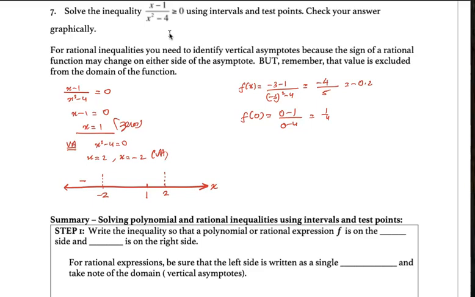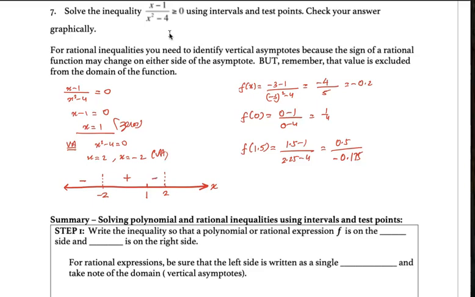Then you take a value between 1 and 2, so 1.5. (1.5 - 1)/(1.5² - 4) is 0.5 over (2.25 - 4), which is -1.75. So it will be negative.